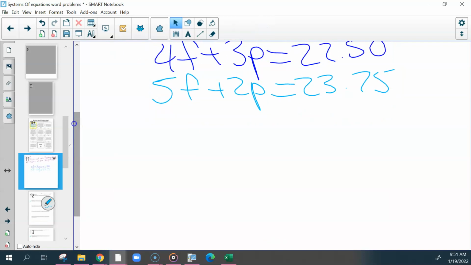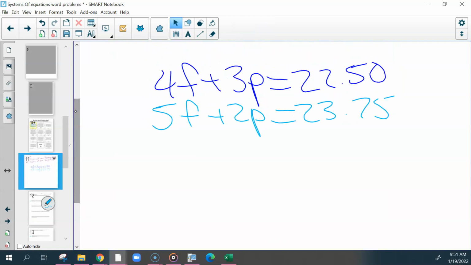If we're solving this by elimination, first, we're looking for the cost of a fountain drink. If we're eliminating, we need to get rid of what we don't need, P. Because if we get rid of P, then we can just focus on F. So let's get rid of P. What number do both P's go into? 6.